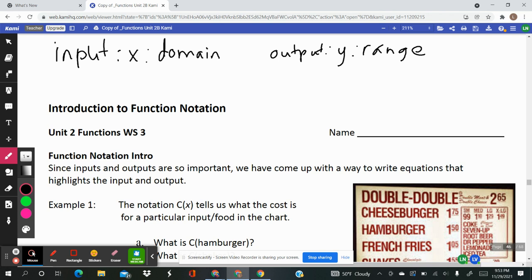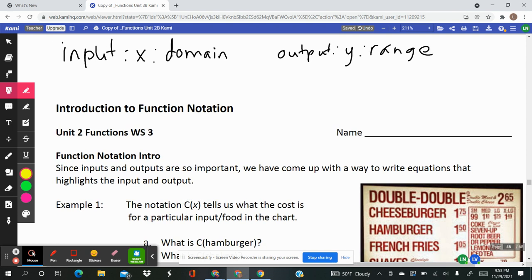So function notation is where we're going to write it a little bit differently. So if we look at example 1, it says the notation c of x tells us the cost for a particular input or food in the chart. A couple things I want to point out is first c of x looks like c times x, but is read as c of x.